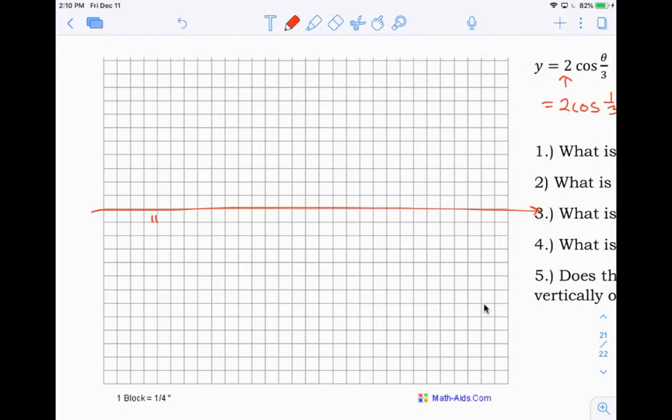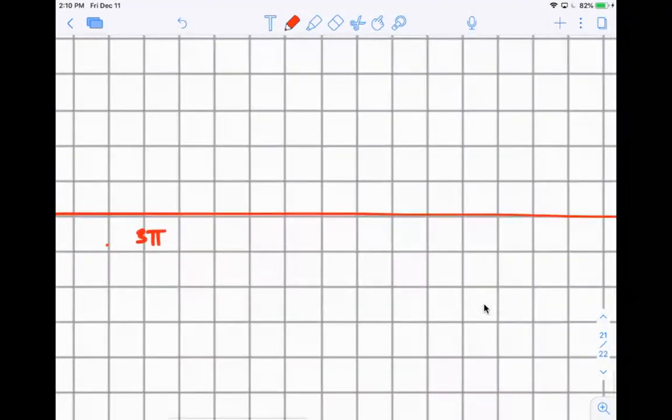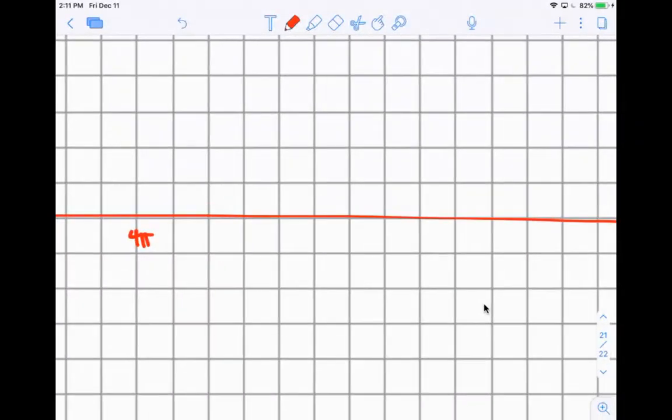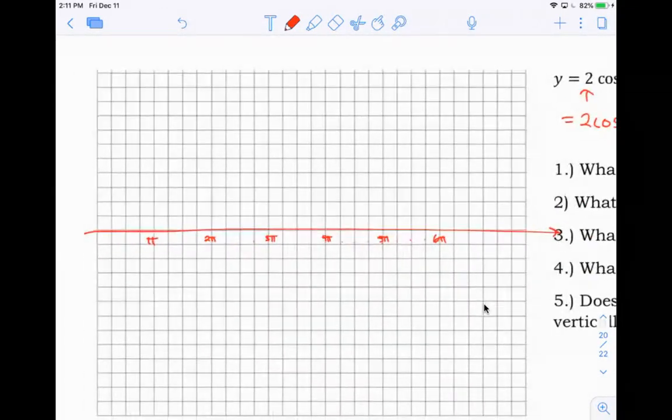This is going to be pi. 1, 2, 3, 4. Here's 2 pi. 1, 2, 3, 4. Here's 3 pi. 1, 2, 3, 4. Here's 4 pi. 1, 2, 3, 4. Here's 5 pi. And 1, 2, 3, 4. Here's 6 pi. Did I get that correct? Yeah. Okay. So I got my 6 pi.